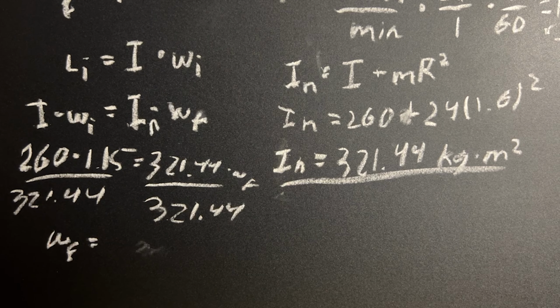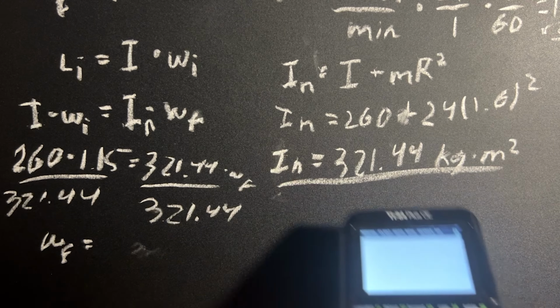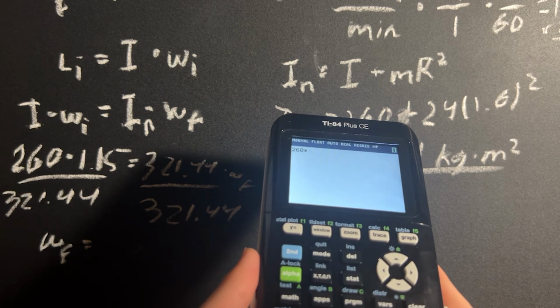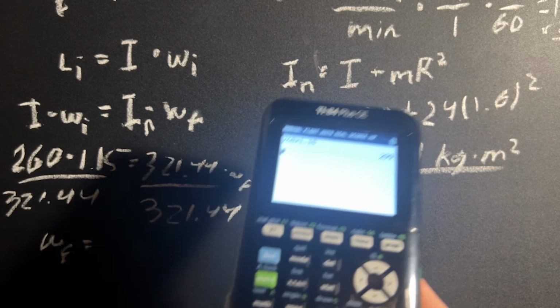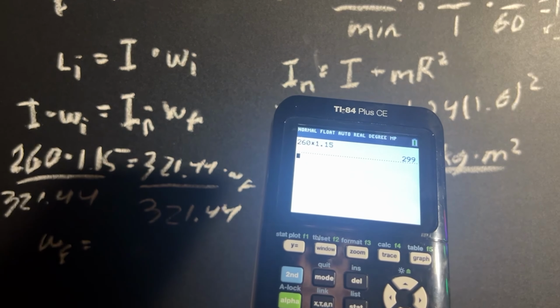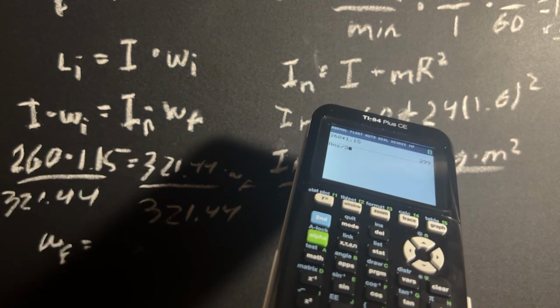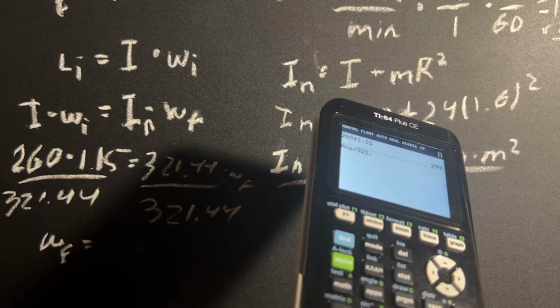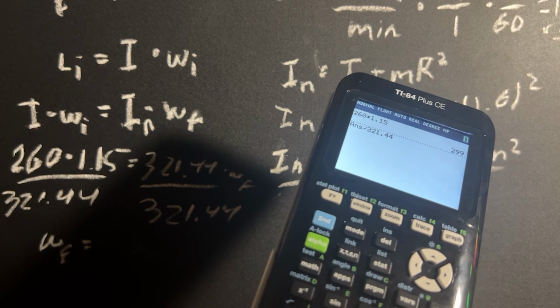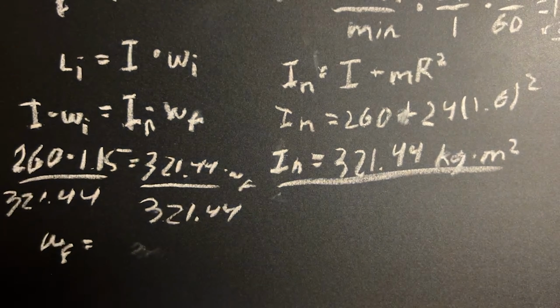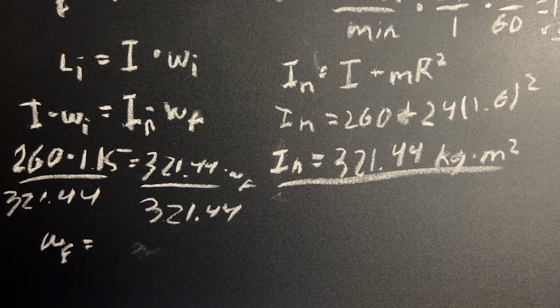The final angular velocity. To calculate it here, we'll have 260 multiplied by 1.15, which is 299. Then we'll have this divided by 321.44. And this will give us our final answer in radians per second.